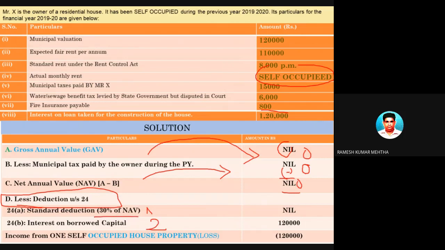Standard deduction at the rate of 30% of NAV. The NAV is zero, so the standard deduction of 30% on zero is also zero. Interest on borrowed capital, as shown in the problem, he has paid interest of 1,20,000 rupees for the construction of the house property during the financial year 2019-20. So this is allowed as a deduction. So 0 minus 1,20,000 is minus 1,20,000. So there is a loss from the house property incurred by the owner of the house property.